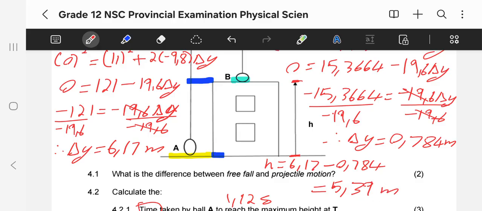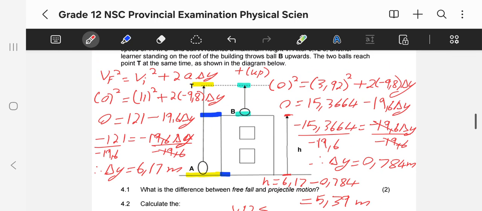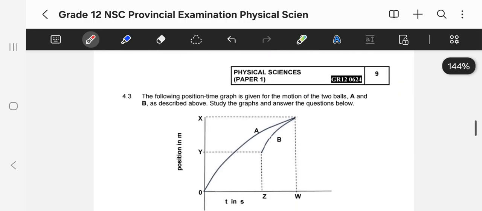There is your answer, guys. I hope it makes sense as to how you should get that answer. Fun stuff. Now we move on to the next question.